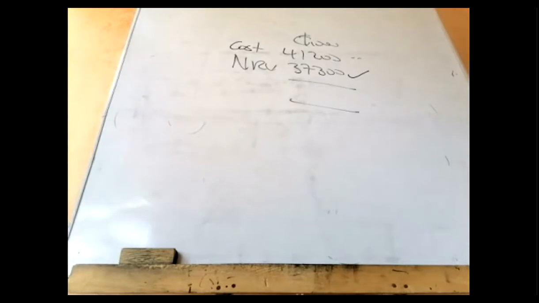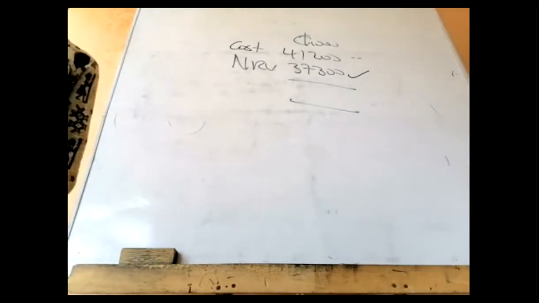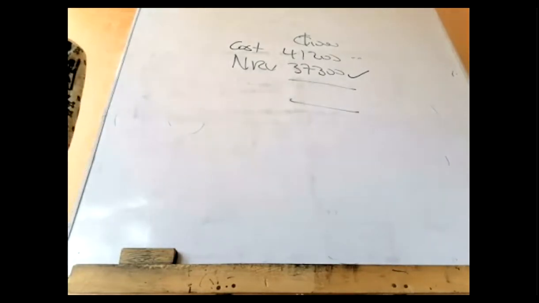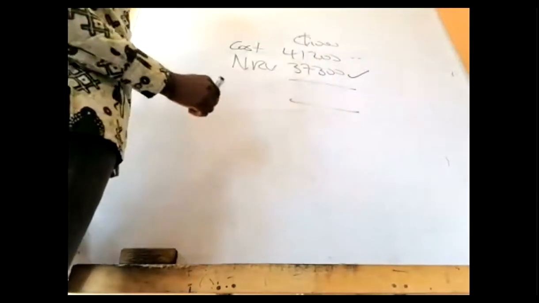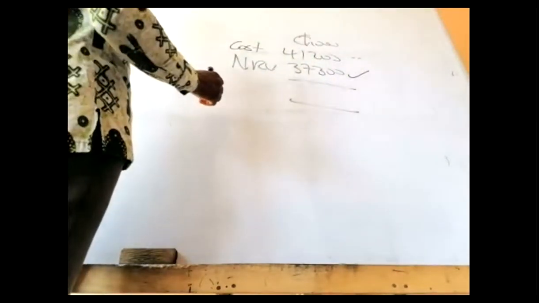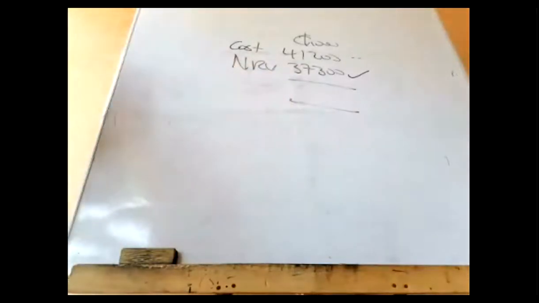So find the difference. What's the difference? We call it the written down value. It must be written down by the difference.